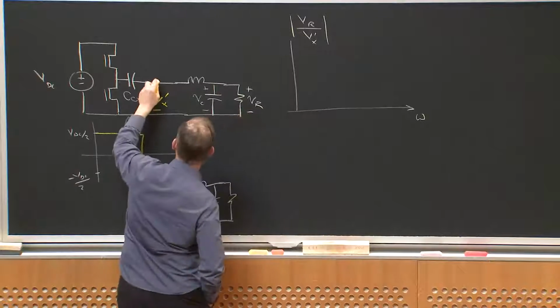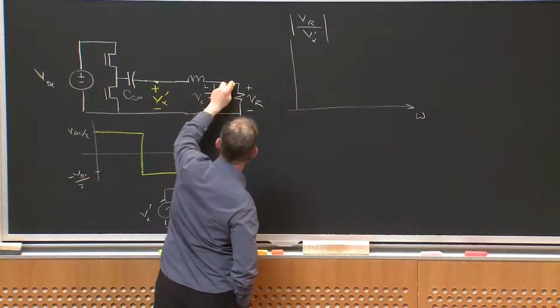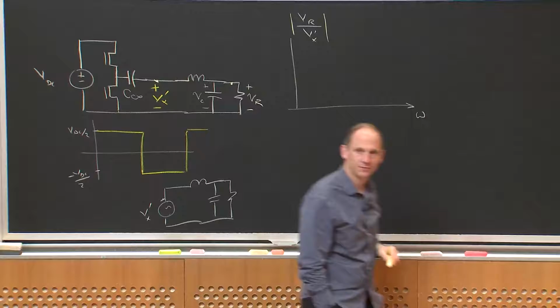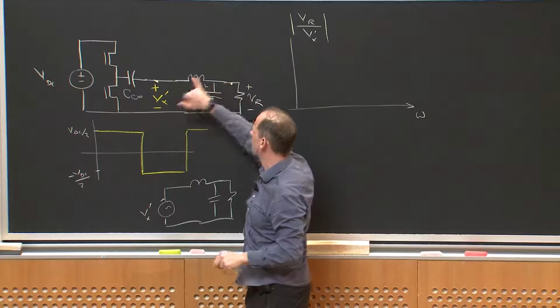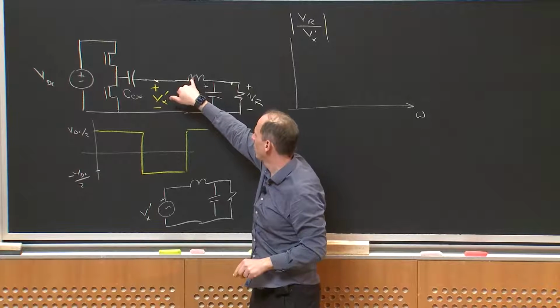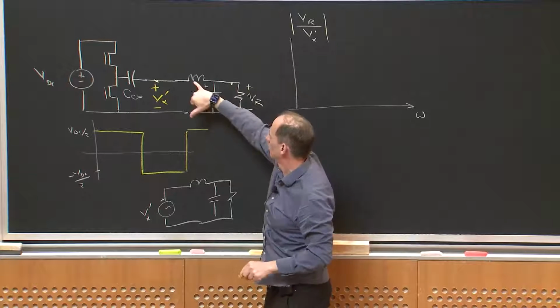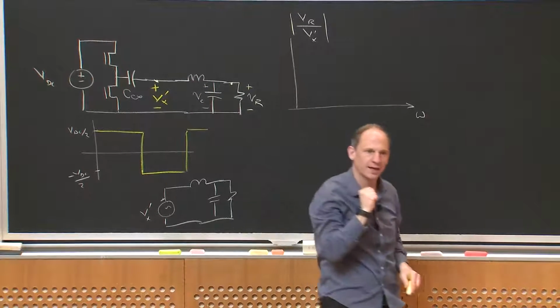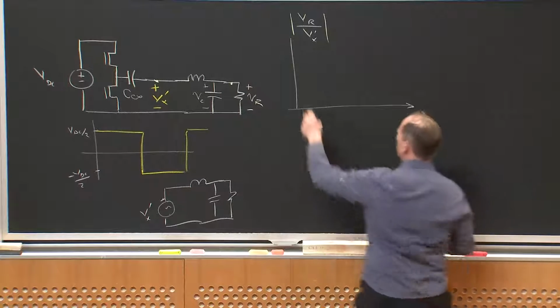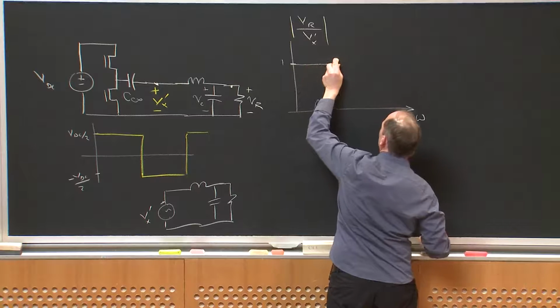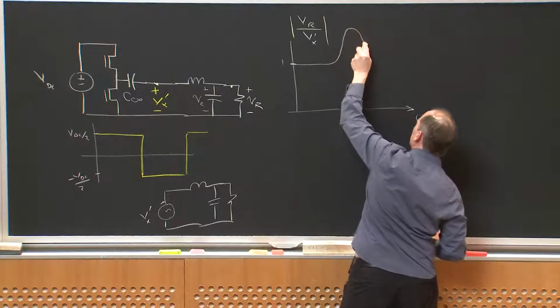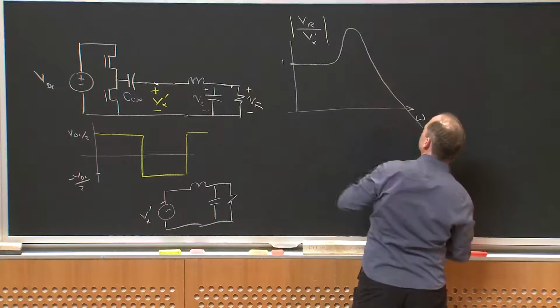So I'm looking at the transfer function between here and here. At DC, clearly VR equals Vx prime, or at low frequency, because the inductor becomes a short. At really high frequency, this rolls off at 40 dB per decade, right? So what you're going to get is something like this. It's going to go from 1, it's going to peak up, and then it's going to fall.